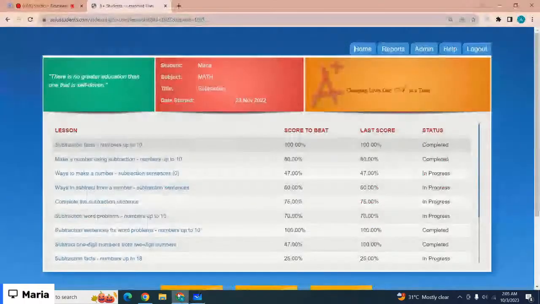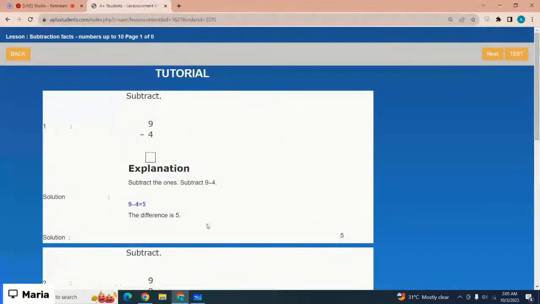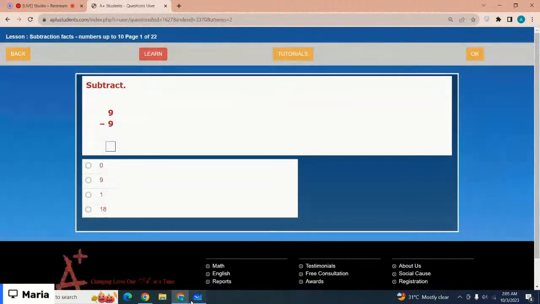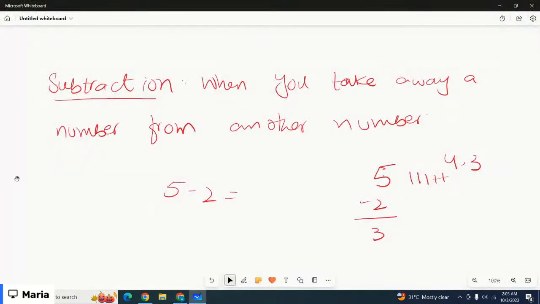Okay, so the lesson we're going to start with is subtraction facts, numbers up to 10. So you have to subtract the numbers up to 10, right? Let's just do some examples. For example, 7 take away 2. If you already know the answer, please write it in the chat box. How do you do 7 take away 2?